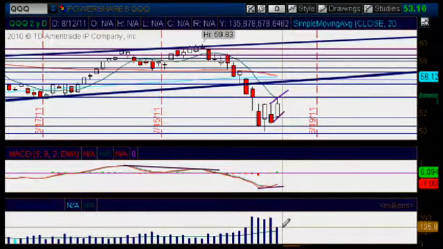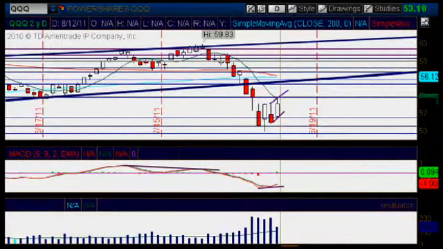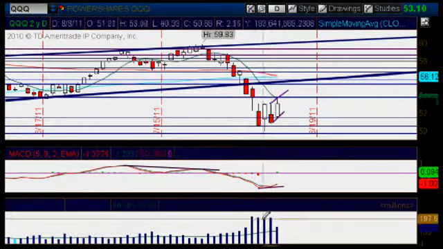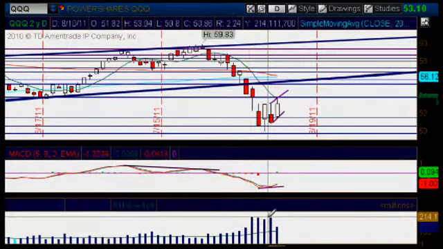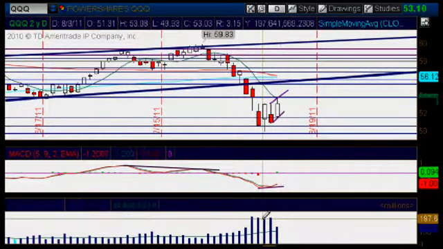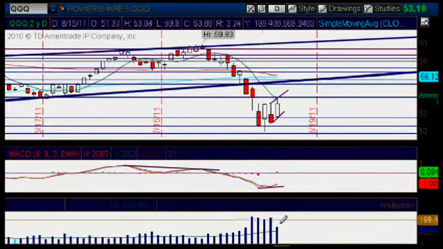And the only thing that I don't really like about that slight up move is the volume. It's still high according to the average. It's still above the average, but it's much lower than the previous bars. So that's what I just don't really like.